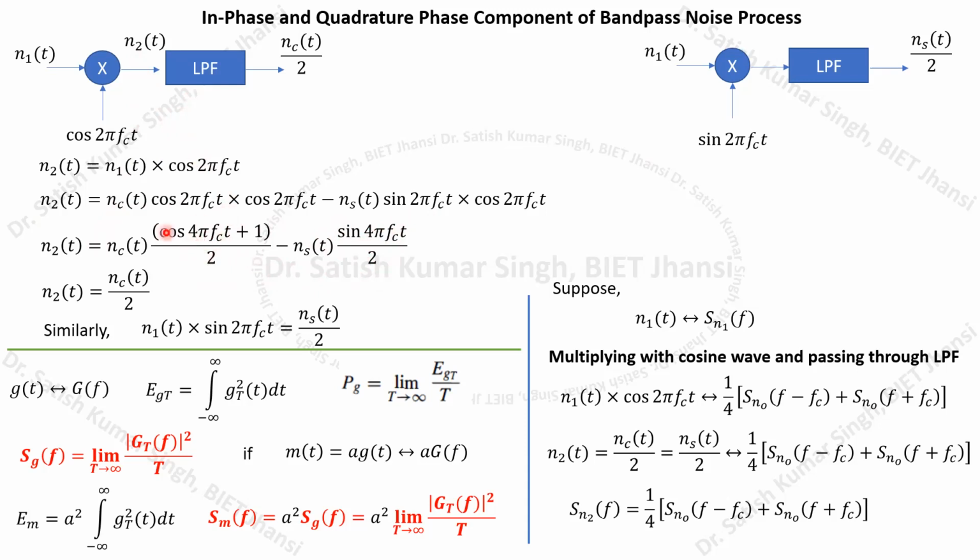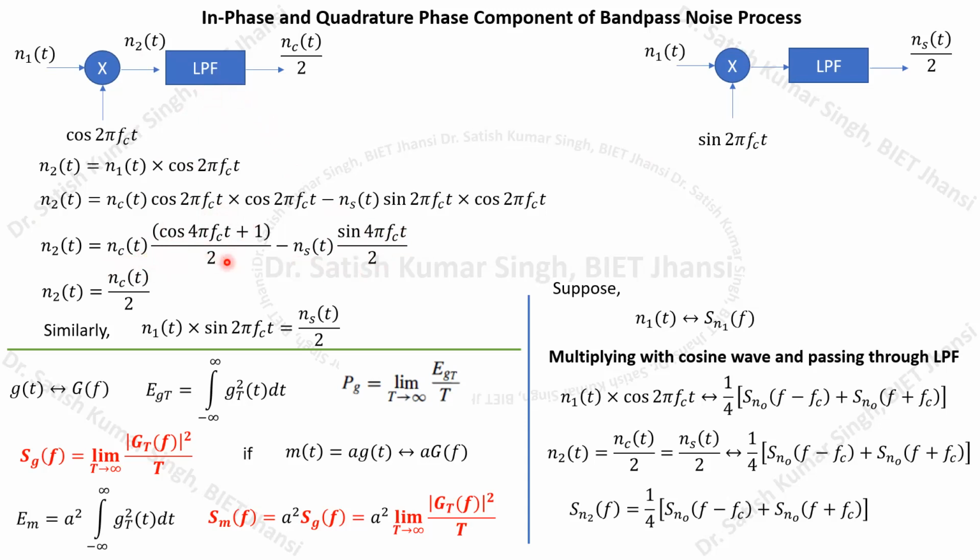It means that nc(t) is multiplied with cos 4πfct, so it is centered around f equals 2fc. Similarly, this ns(t) component is again centered around f equals 2fc. Therefore, these two components will be rejected by the low pass filter, because they are higher frequency components. Here you can get another term, which is nc(t) divided by 2.